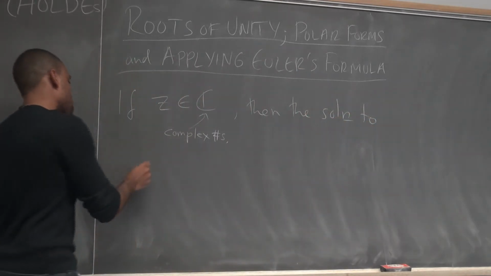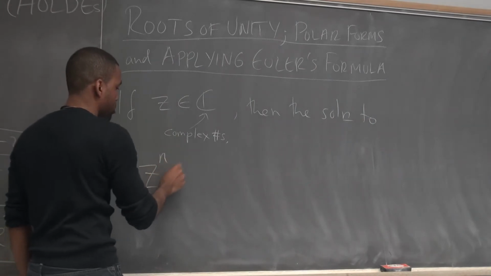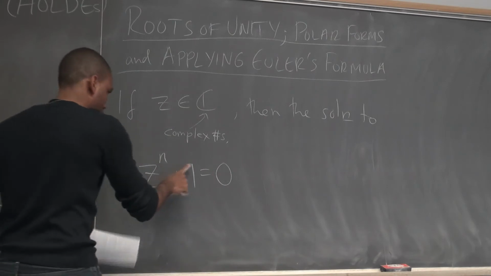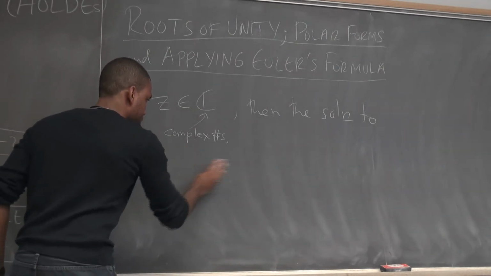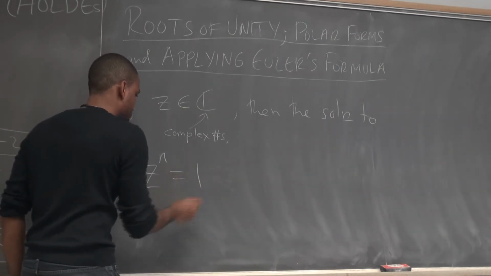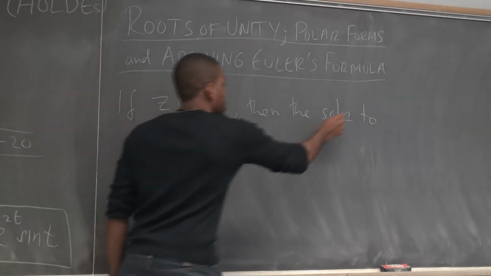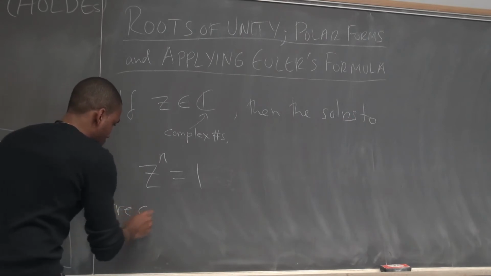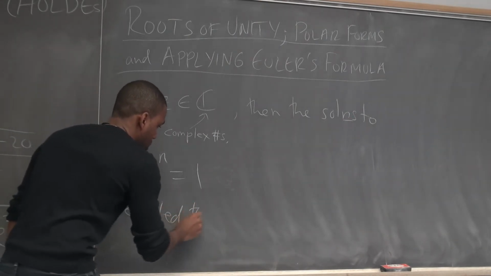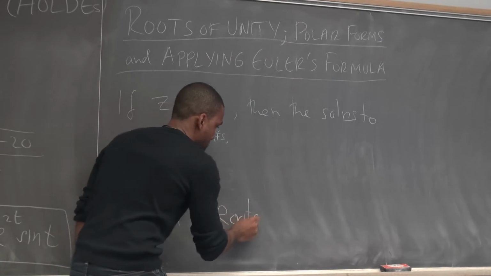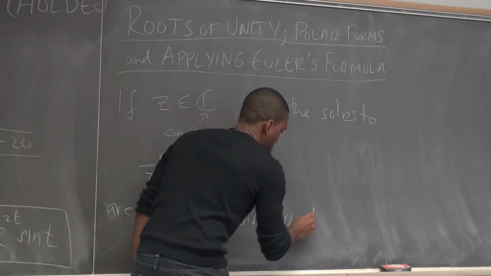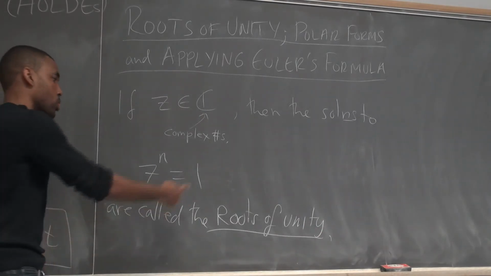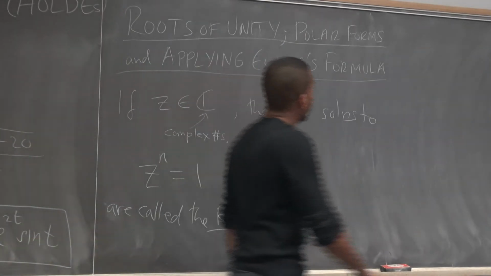If z is a complex number, the solutions to z to the n equals 1 are called the roots of unity. These are the roots that give you 1. So 1 is the unit. It's called the roots of unity.